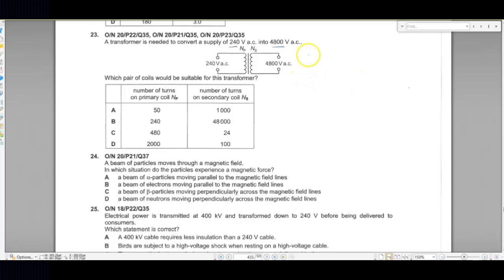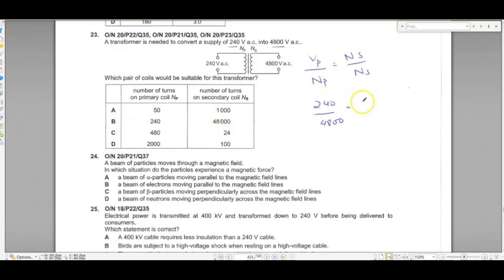So what we are going to do is use three values that we have. VP is there, and NP is there, and then NS and NP. So if we use these values, for example, we use 240 that we know of, and 4800 that we know of, and out of these two values we just use one value over here, so that we see whether it gives the other value that corresponds to this.